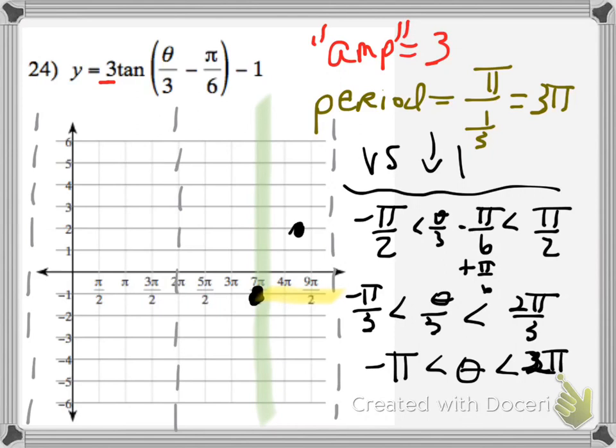And then we cut the left section in half, so we count to the left 1.5 lines, and then count down 1, 2, 3 lines again for our air quotes amplitude. Remember, tangent rises from left to right, and cotangent falls from left to right. And to do everything in the section that I just highlighted, you would do exactly the same. It was all repetition and a little bit of counting.